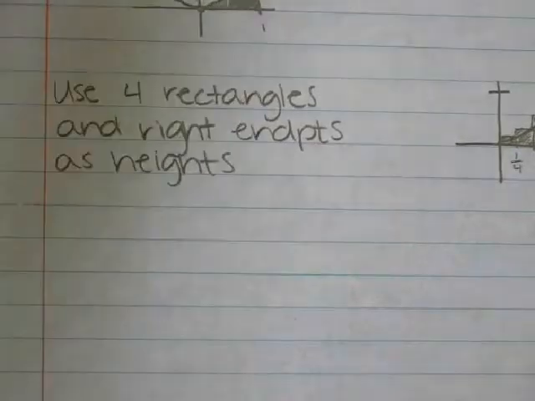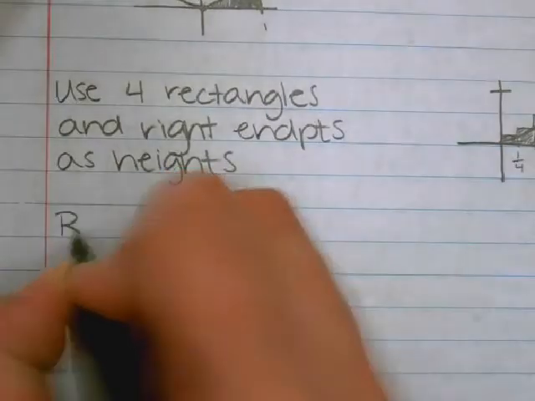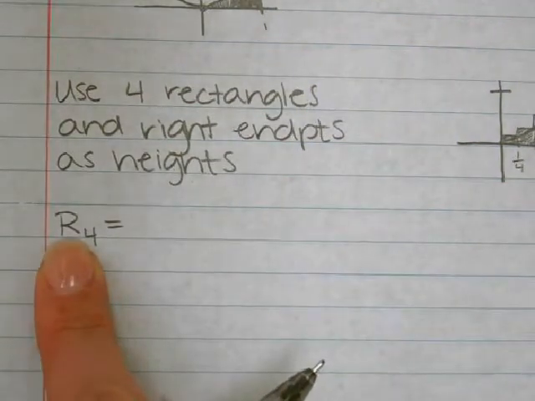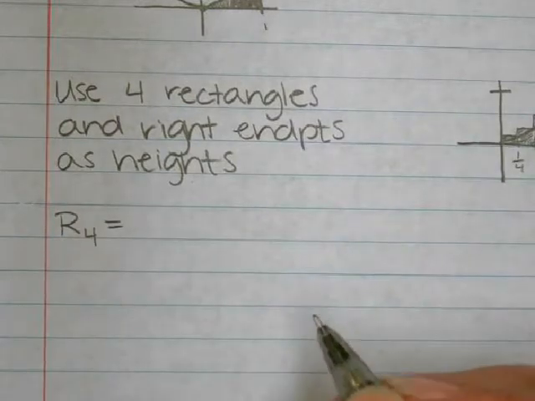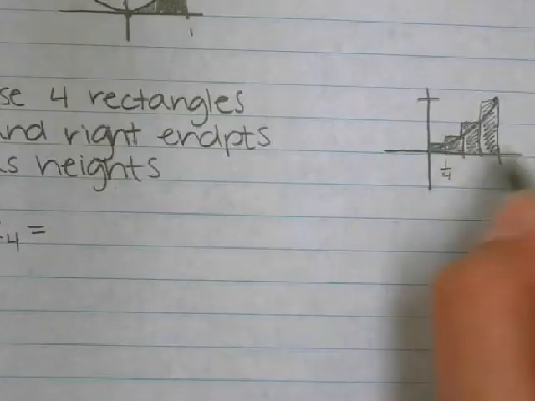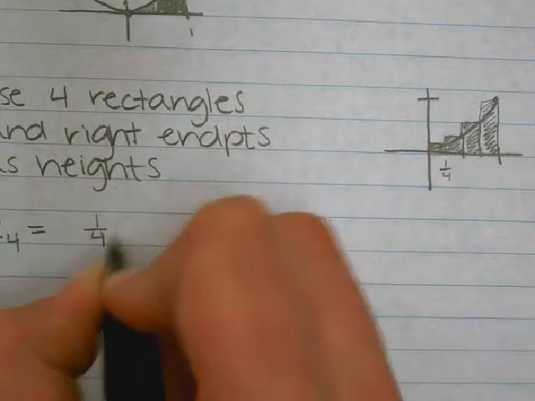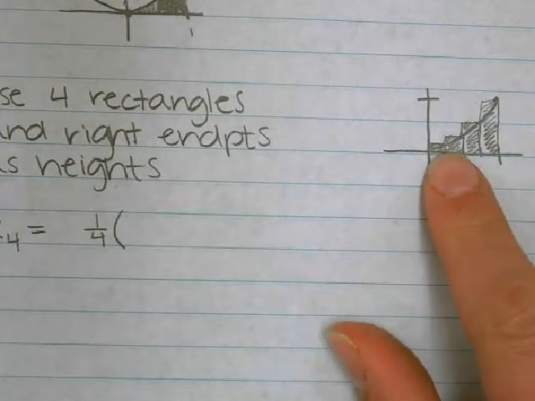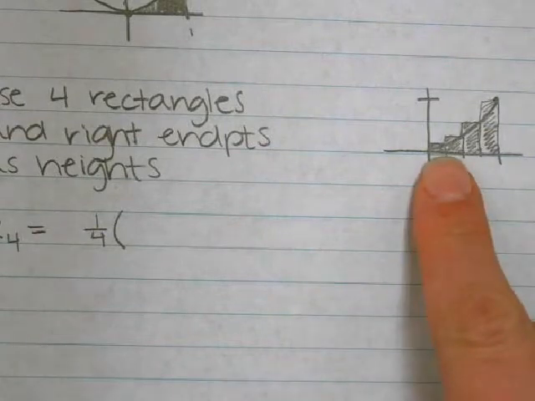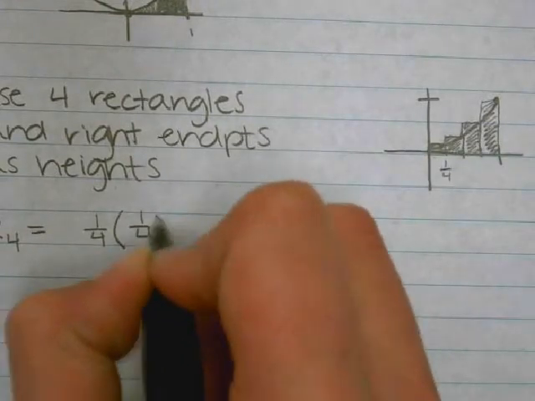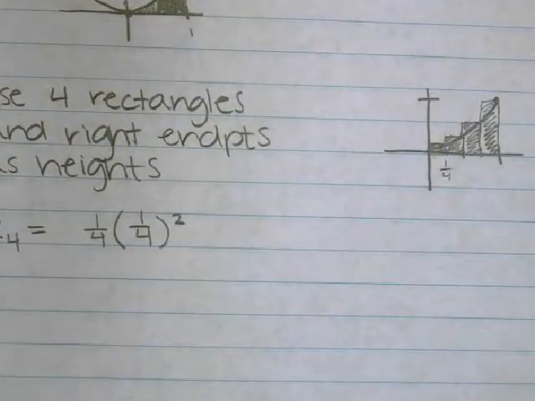So here is our notation when we do this. We're going to say this is using the right endpoints, and you'll see in a second the difference between right endpoints and left endpoints. The area of the first rectangle would be 1/4, the length of the bottom, times the height, which is whatever I get when I plug 1/4 into the equation y equals x squared.